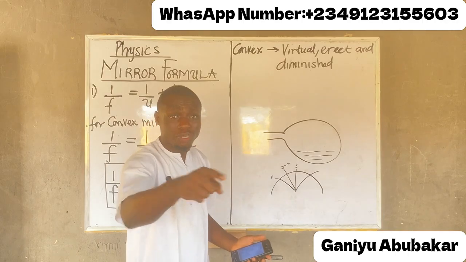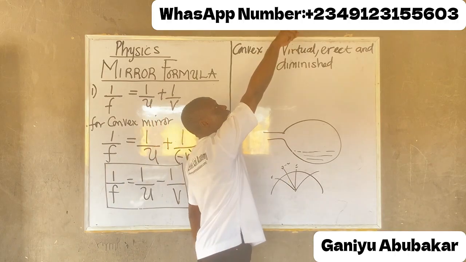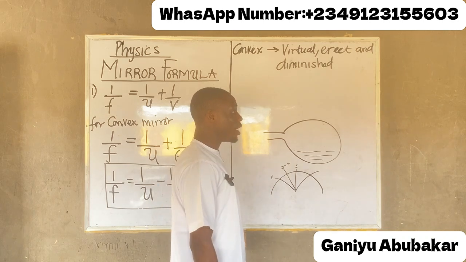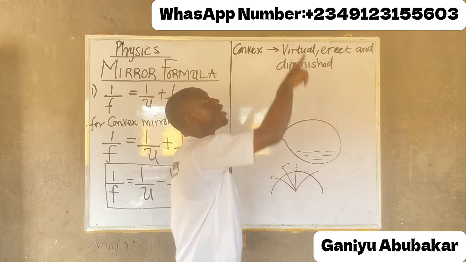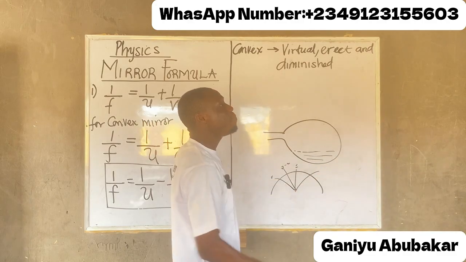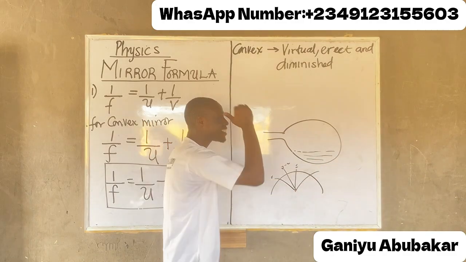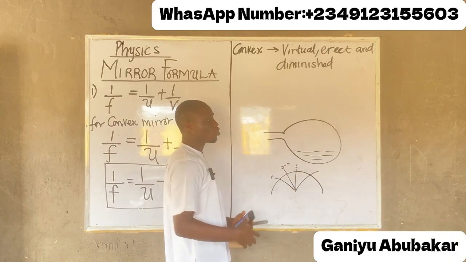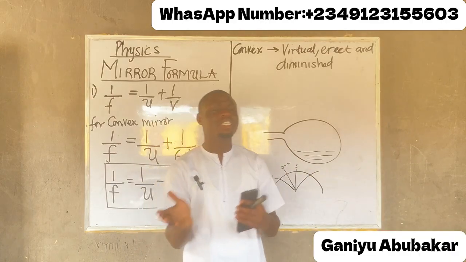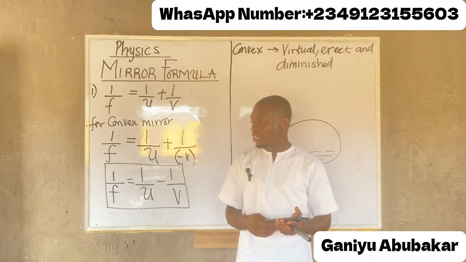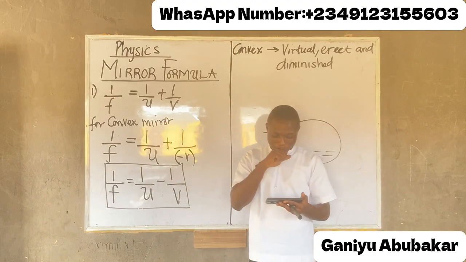There are some mirrors where you see your head up, which is the kind of design that mirror has. For a plane mirror, you see your exact height and body structure without diminishing or increasing anything. That's the idea behind a plane mirror.